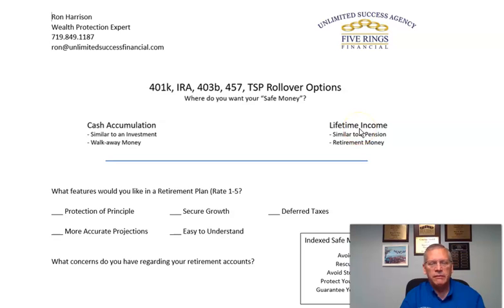Now, the examples of these two, the lifetime income annuity, one that we have is Safe Income Plus through F&G, and on cash accumulation, we have Accumulator and other products similar to that through F&G and some of our other carriers. But I think people get a much better idea when I just talk about similar to an investment, similar to a pension, walkaway money, or retirement money, retirement income money. So first I set that stage for them.